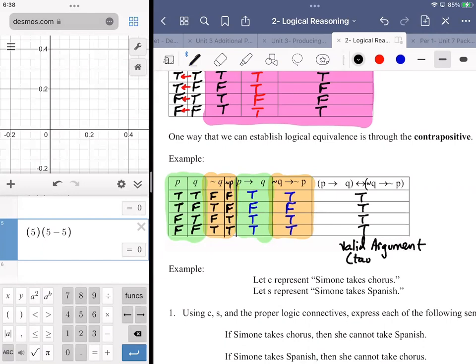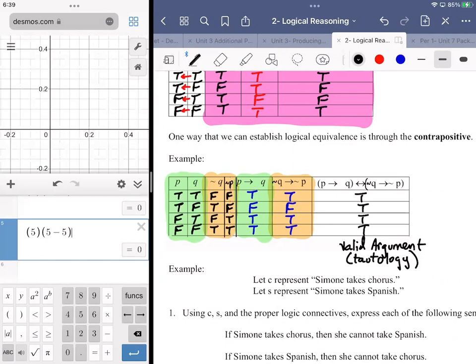This is previously indicated in the notes, but I didn't want to go flipping back and forth. My penmanship notwithstanding, tautology. Okay. So that's telling us that in every possible instance with a conditional sentence, the contrapositive will have the same truth value.